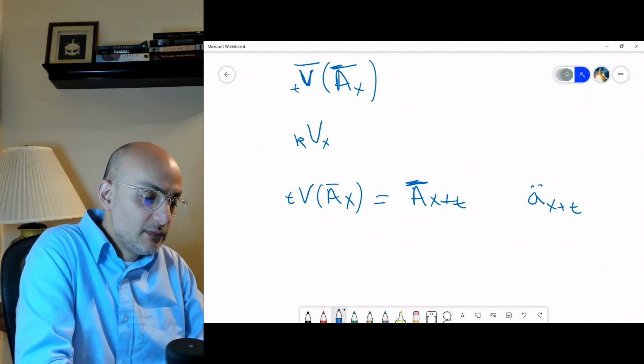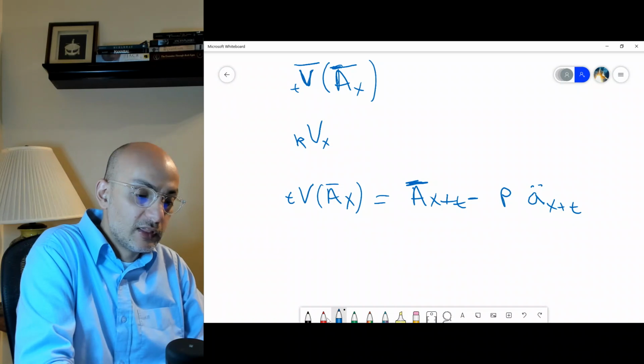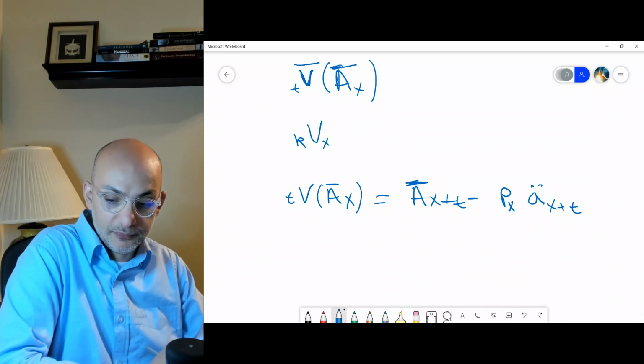And the premium also here is discrete. The premium always matches the annuity, right? But the premium is calculated with the time X, right?